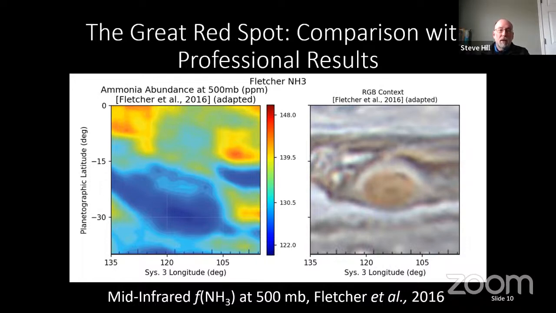And in this case, now we have brighter areas, hotter colors, reds representing enhanced ammonia and blues representing depleted ammonia. And the image on the right is, of course, for visual orientation. We'll fade the image here with one made from the average of 8 of our observations in 2022. And you can look for some similarities and differences.